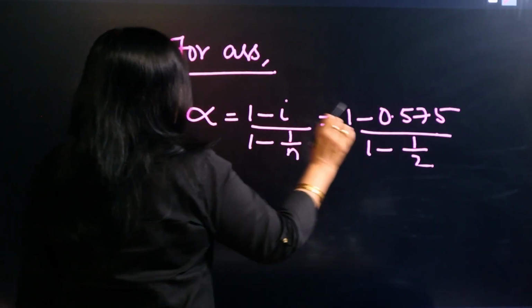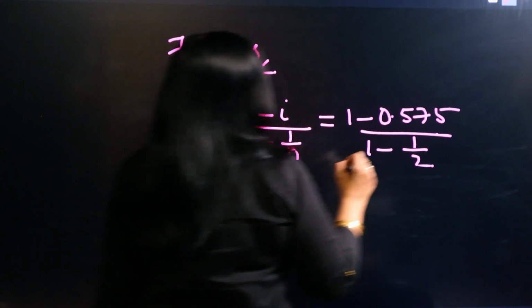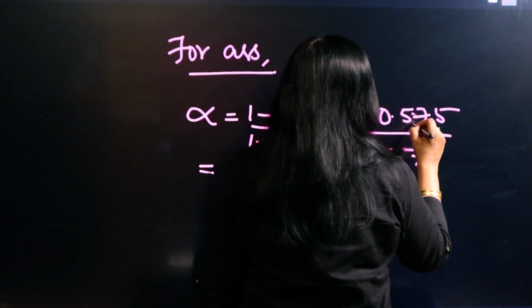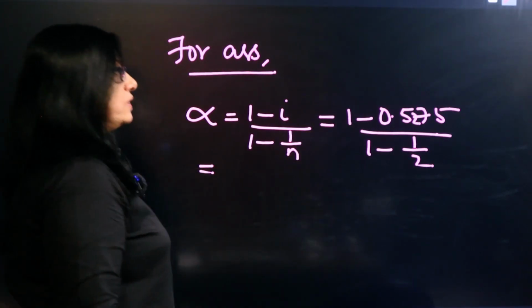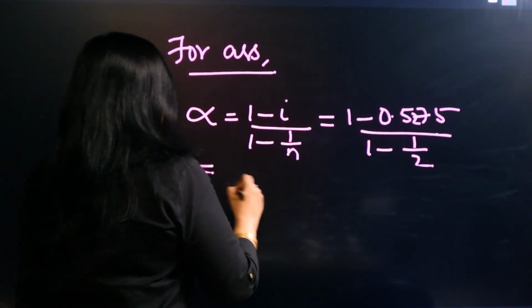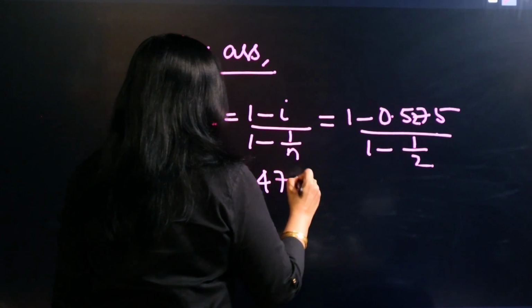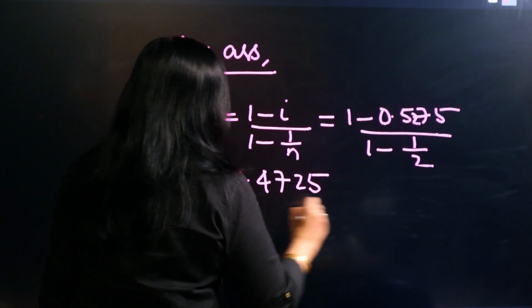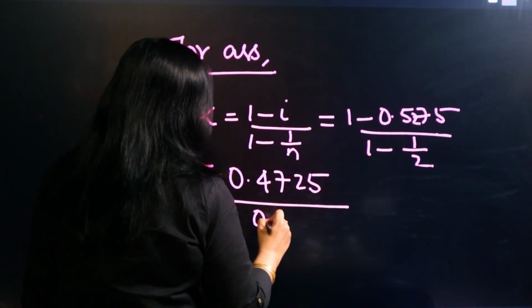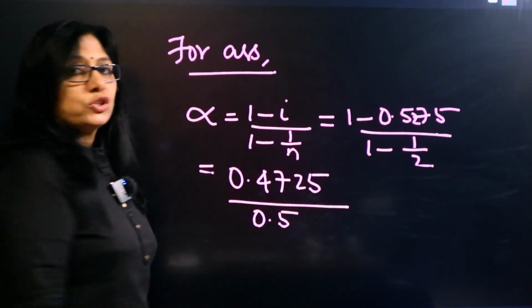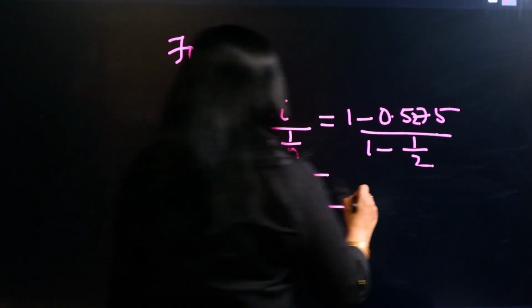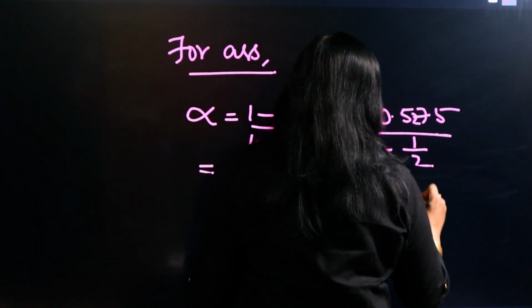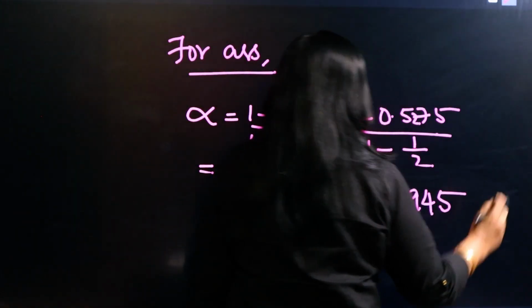So you are getting 1 minus 0.5275, which will be 0.4725, divided by 1 minus half, that is 0.5. So 0.4725 by 0.5, you will be getting 0.945.